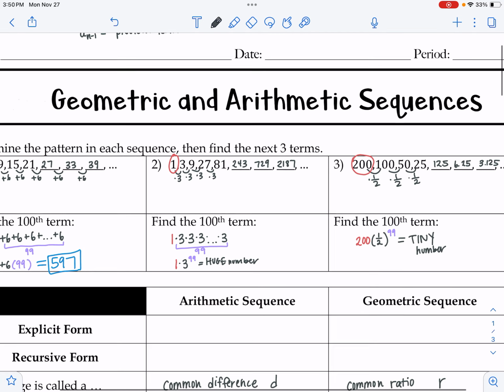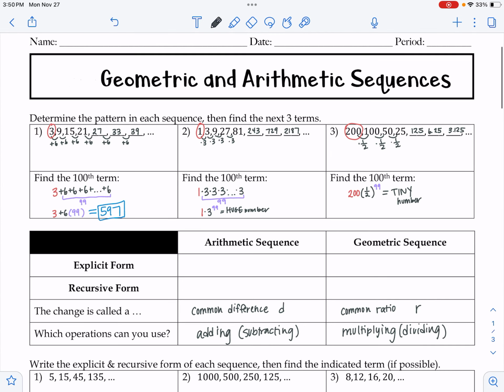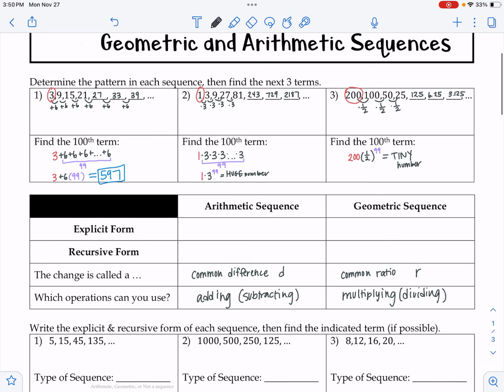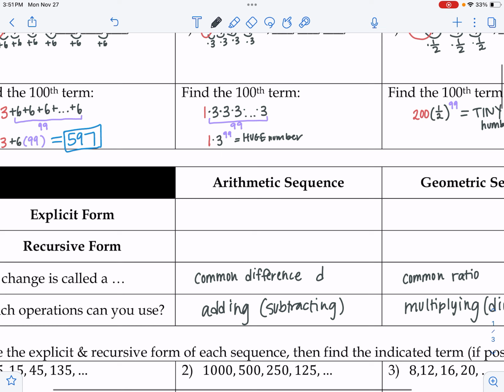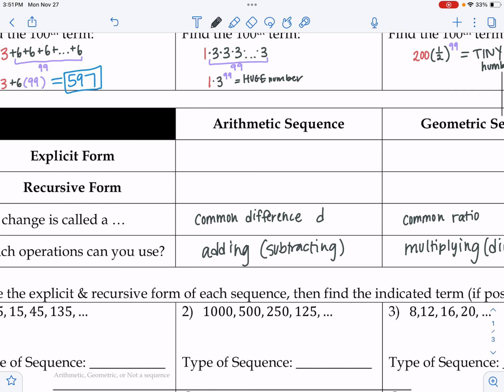And so we have two ways we can represent sequences. One is the recursive form, which isn't that useful. It really just gives you the pattern. And so it says, I'm going to write it in words first, then the symbols. You can get to any term by taking the previous term and adding that common difference d.